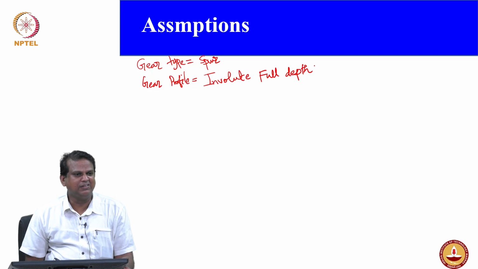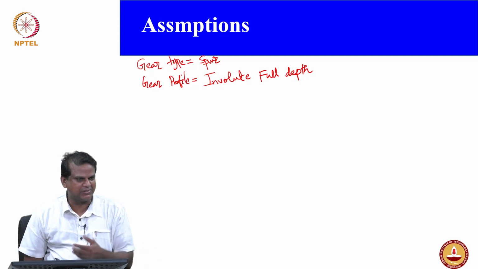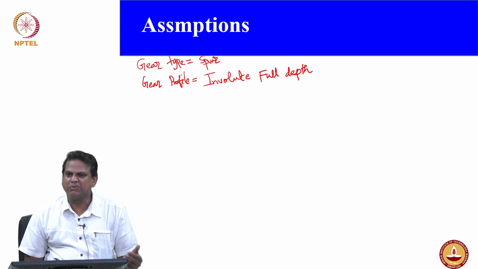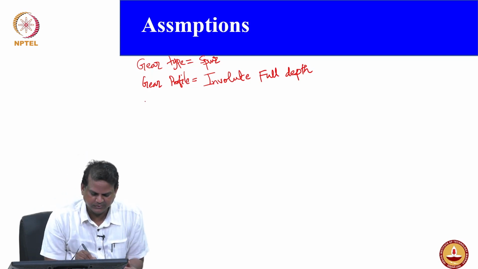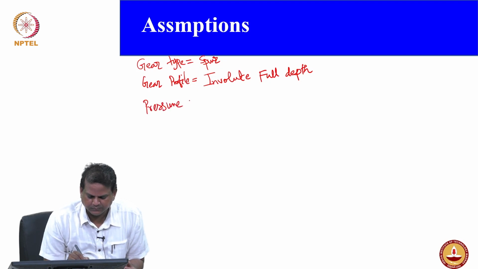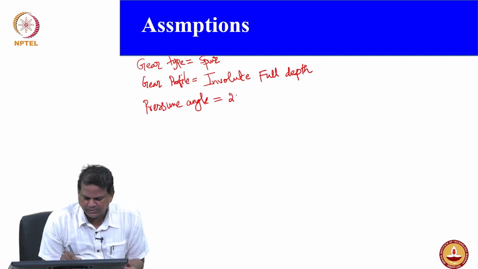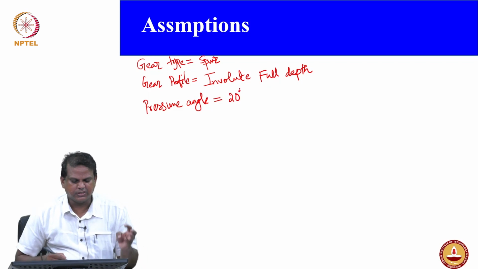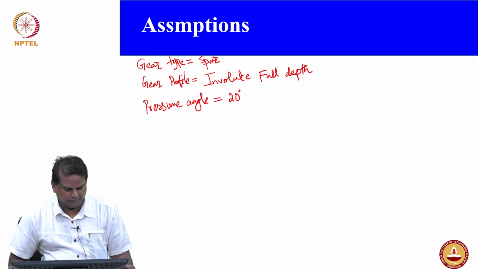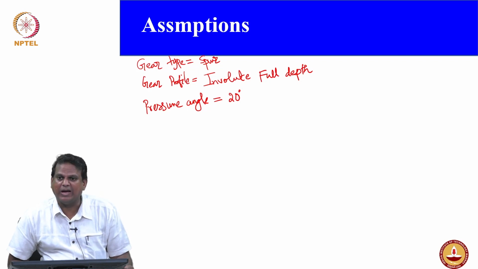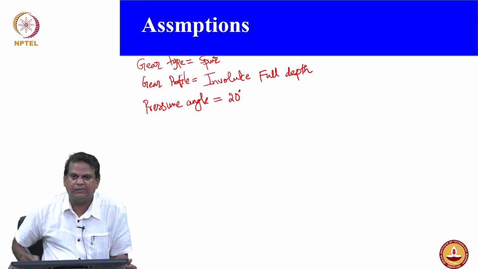How about the pressure angle? You can use a standard pressure angle, so we will choose 20 degree as the pressure angle. These are the standard things. So, spur gear type, the gear profile is the involute full depth profile, and the pressure angle we assume as 20 degree. Any other information do we need?